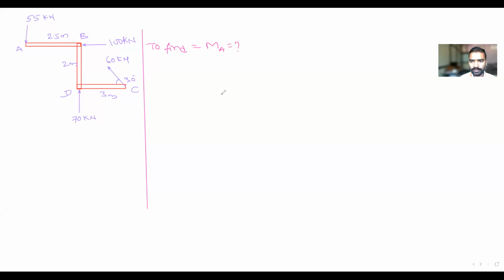All of you concentrate on the problem. How to solve this one? Which point is asked? Moment about A. So, solution.